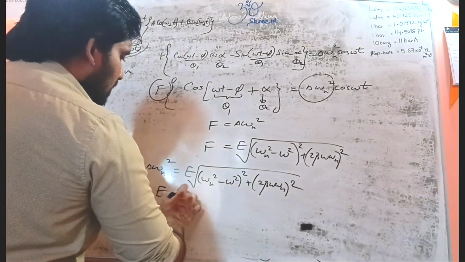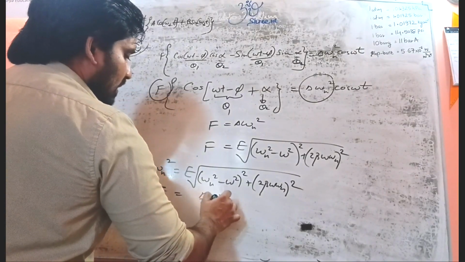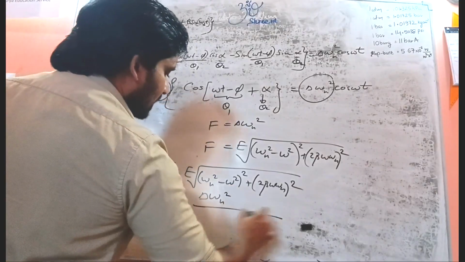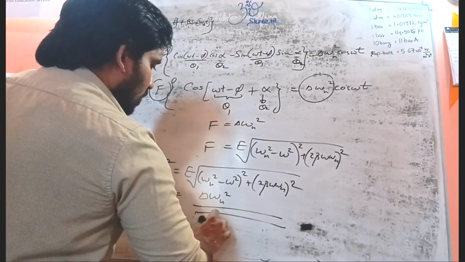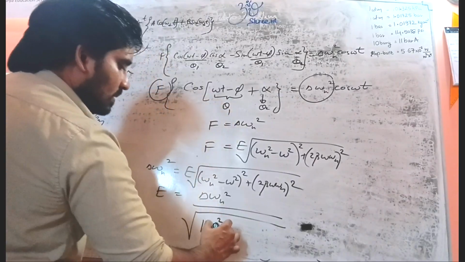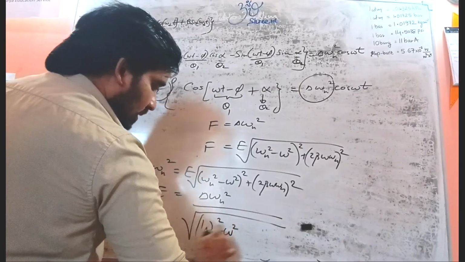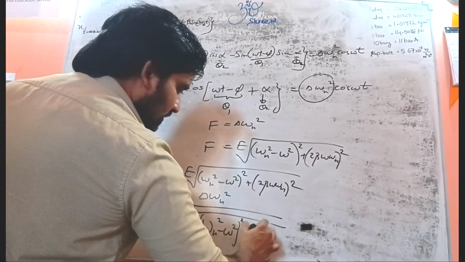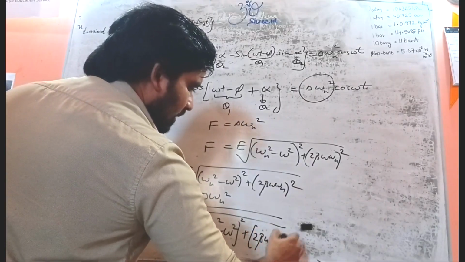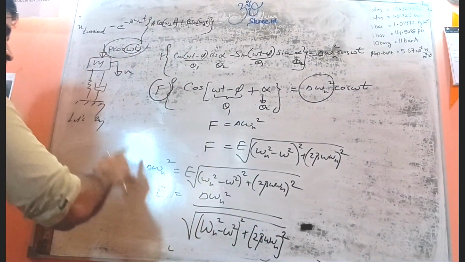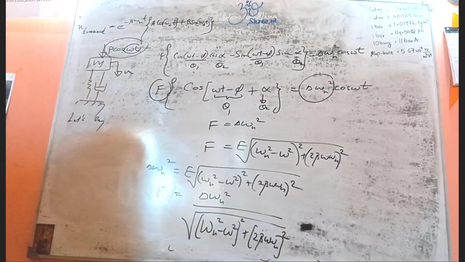E is delta omega n squared divided by square root of omega n squared minus omega squared, whole thing squared, plus 2 beta omega n, whole thing squared. And I hope that part is clear.